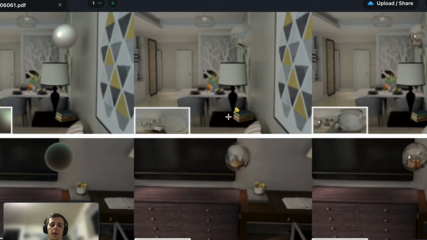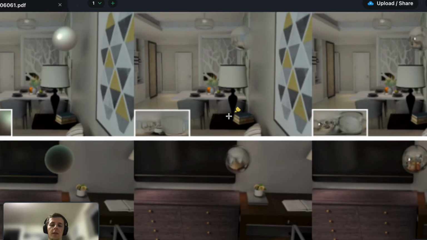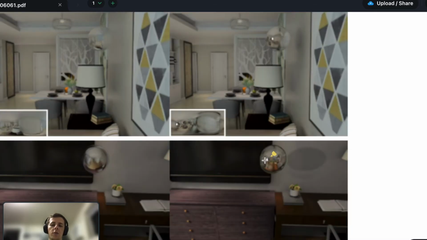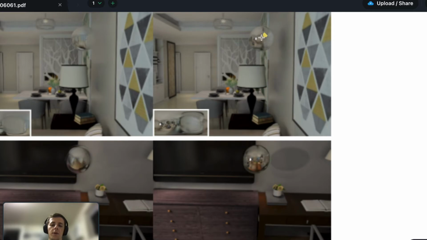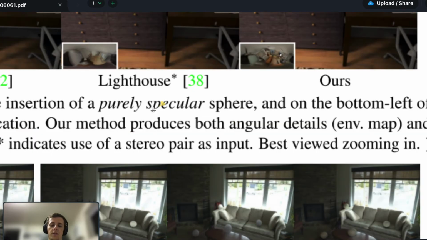Let's say Lighthouse is the one that gets a better reflection, but it doesn't give you HDR information, so there's not much shadow being projected on the wall. Meanwhile, the method that we are talking about gives you both the high frequency information and the shadows on the wall, which is really interesting.